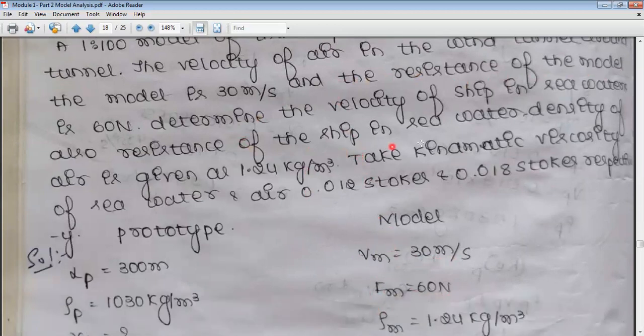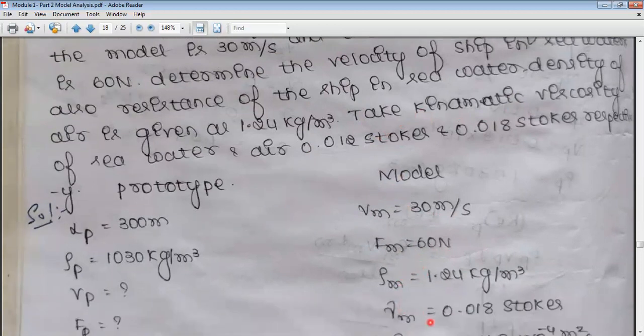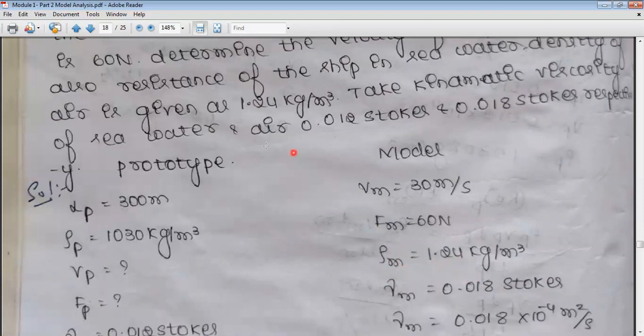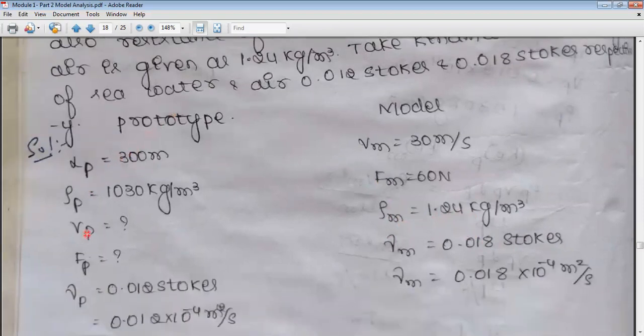Similarly, he has given here also kinematic viscosity. He has given for the air 0.018 stokes, that is nu m. Then the density of the model is 1.24, it is the air density. Similarly here rho p is equal to the density of the seawater, and the kinematic viscosity for seawater he has given.